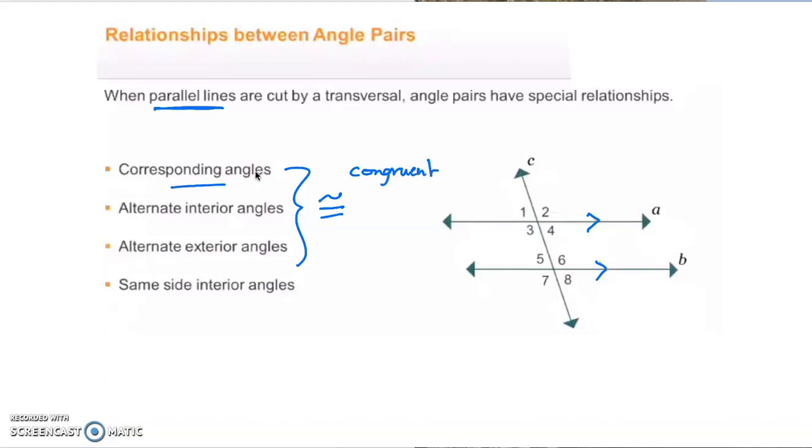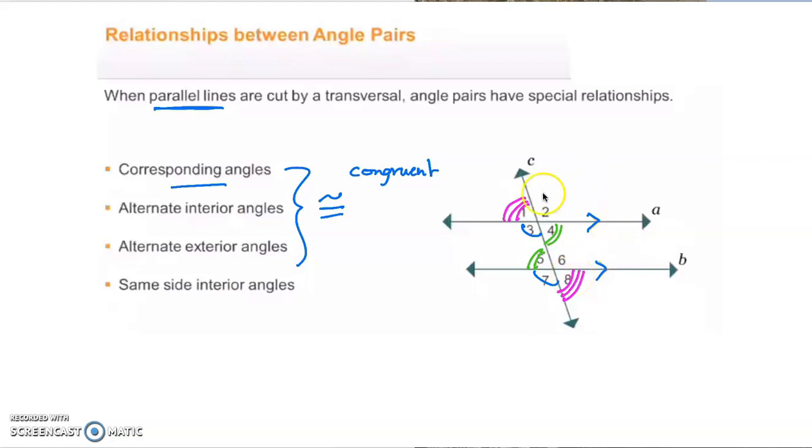If you have a pair of corresponding angles like 3 and 7, they are congruent. If you have alternate interior angles like 4 and 5, they are congruent. If you have alternate exterior angles like 1 and 8, they are congruent. So when the lines are parallel, these all have special relations.